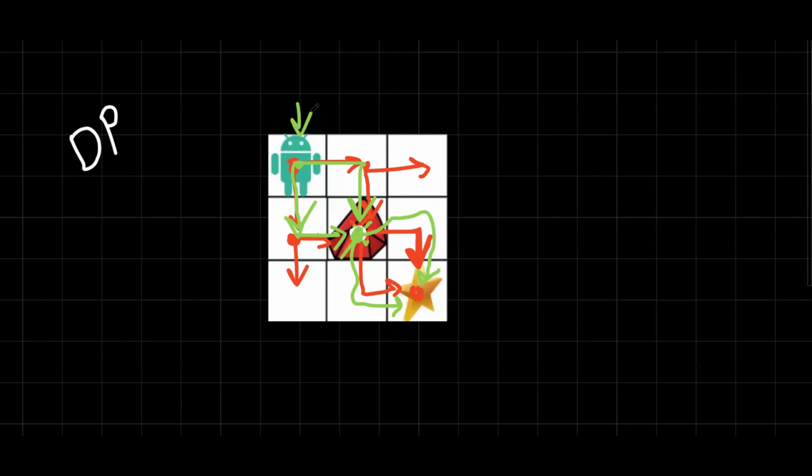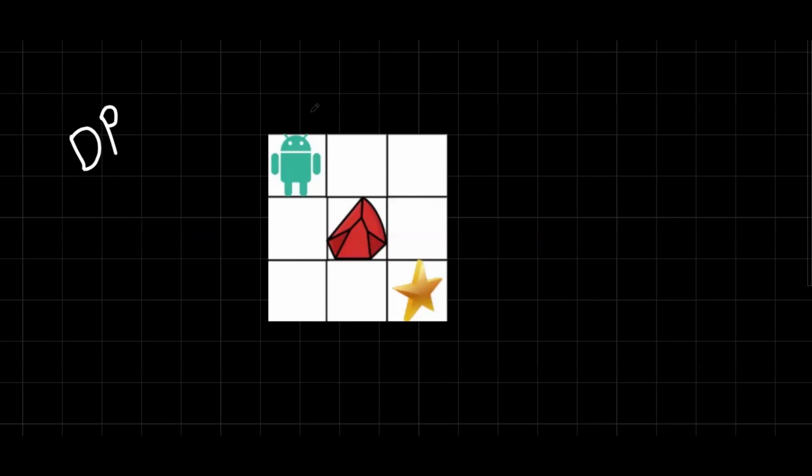Another condition for a problem to be categorized as dynamic programming is that it must have some base cases. Now let's try to understand what the base cases are. Suppose we are currently in the destination cell, and we have to reach the destination cell.